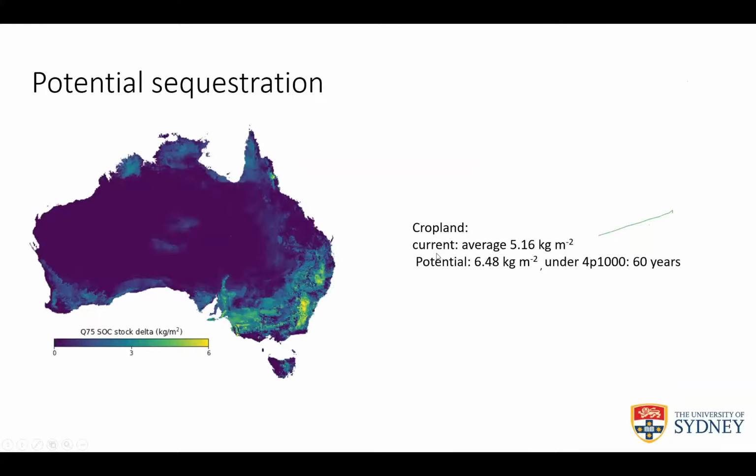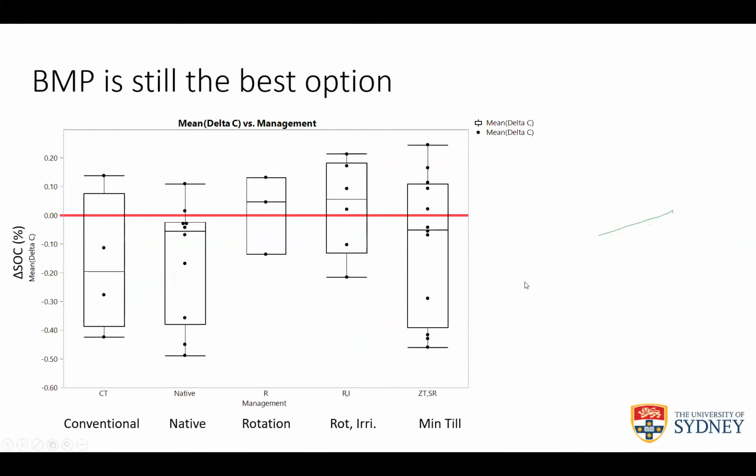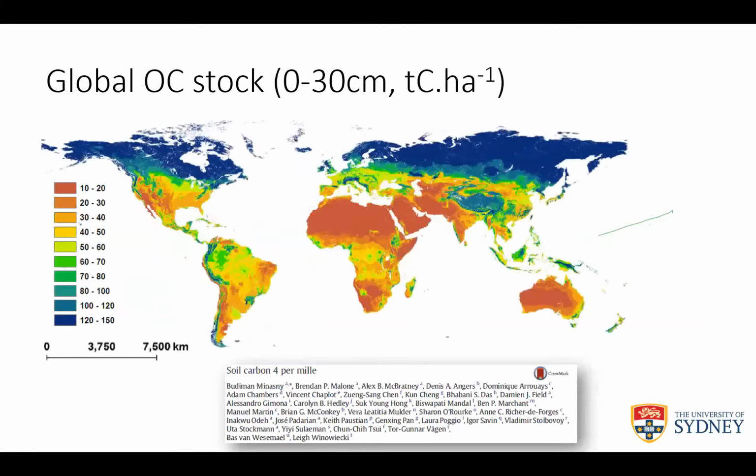For the cropland topsoil, currently the storage is this, and this is the potential. That means that under 4 per 1,000, if you increase the carbon content 4 per 1,000 every year, within 60 years you can achieve a potentially higher carbon content. So I think we won't worry about this because this is Australia.